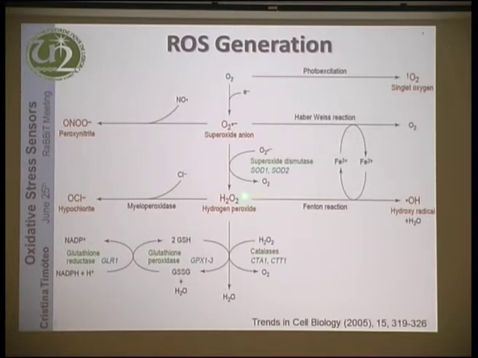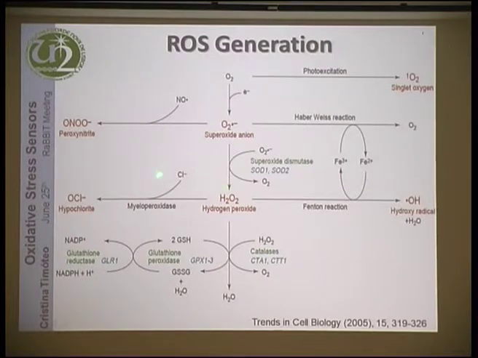So we have to have enzymes that deal with these species that are produced. Otherwise, we wouldn't be able to use oxygen as a final electron acceptor. So in our organisms, we have superoxide dismutase, which uses superoxide and turns it into oxygen. We have catalases, which use hydrogen peroxide and turn it into oxygen and water. And we have peroxidases, which reduce hydrogen peroxide to water.